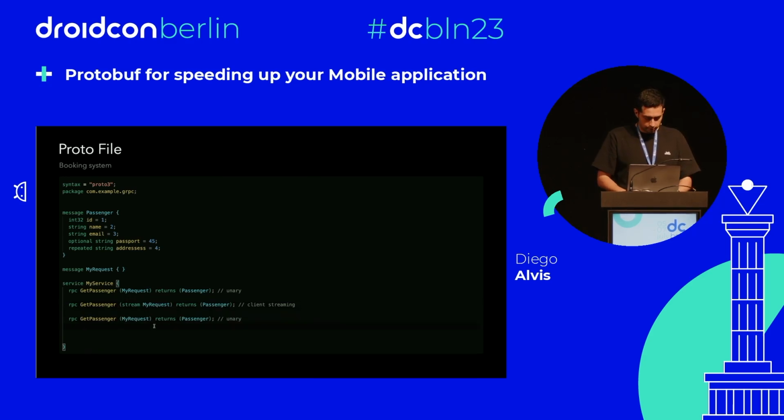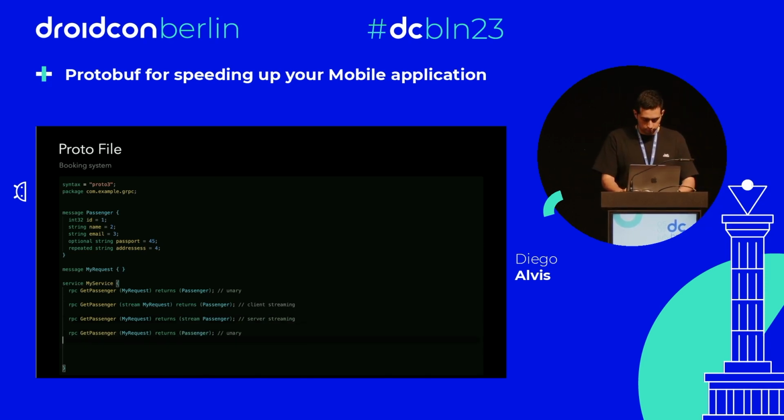And if you're gonna have a server streaming, then you will define the stream here. And if you're gonna have bidirectional, then you put stream on both sides. Let's do it. So bidirectional would be stream here and stream here.